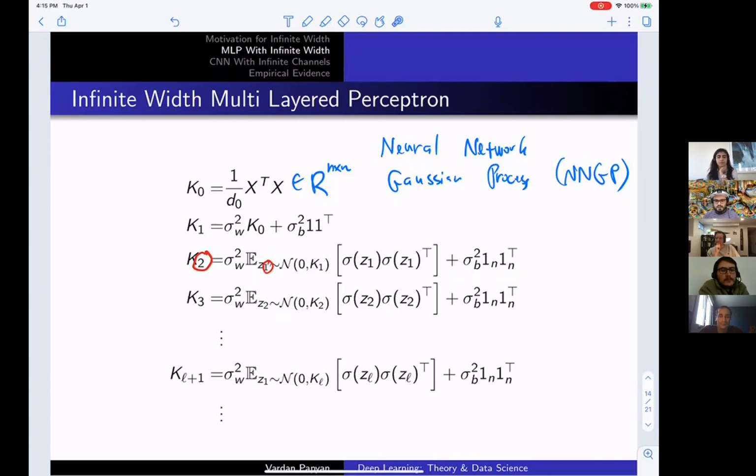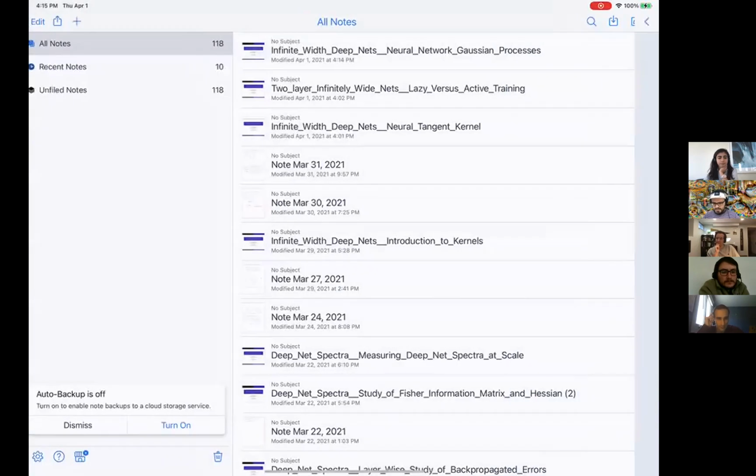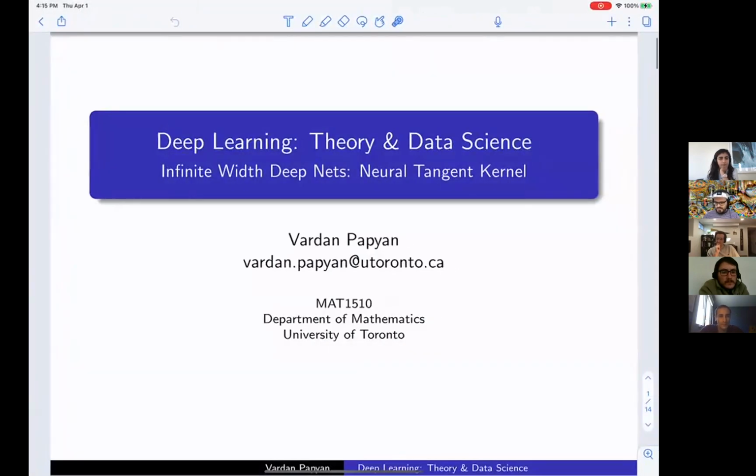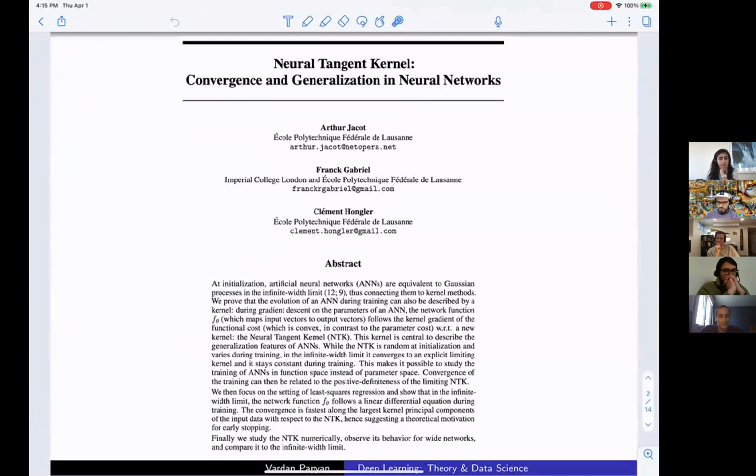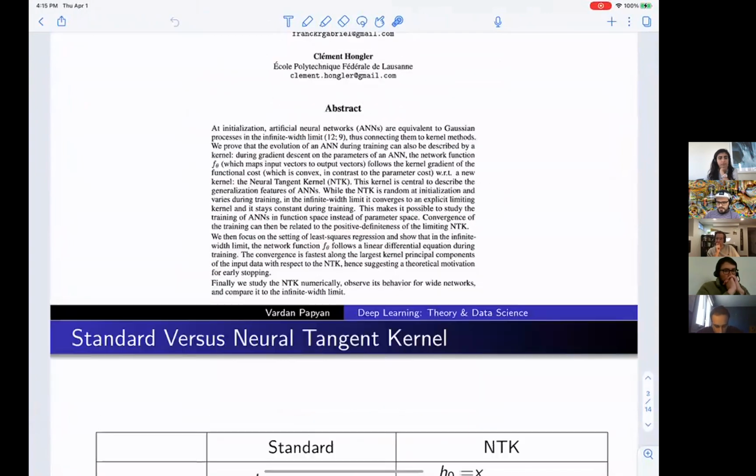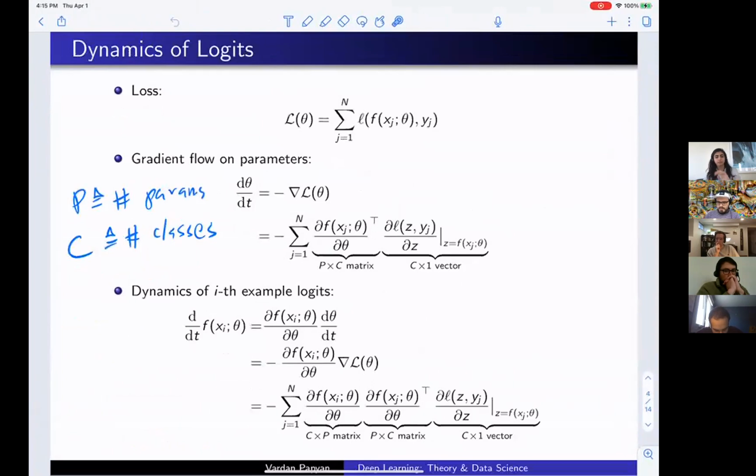Now, after that, we discussed in the previous lecture the neural tangent kernel. So what is the neural tangent kernel? The idea goes as follows. Imagine you look at the loss of the training, and imagine you look at the derivative of the logits with respect to time.